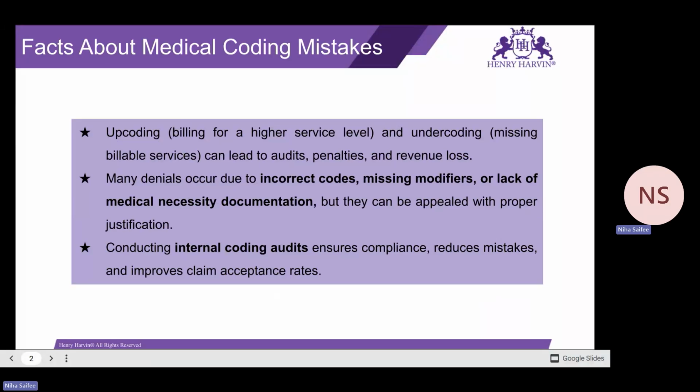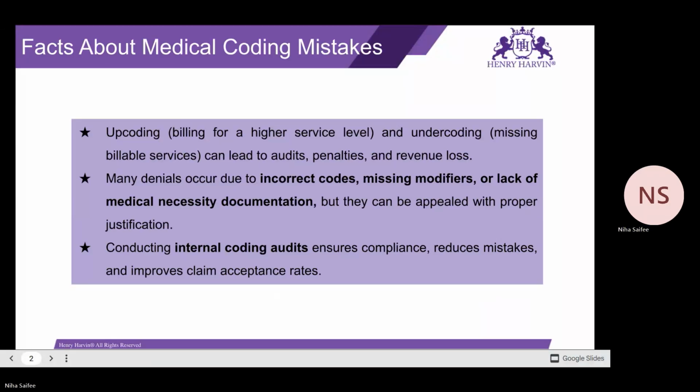And if repeated denials are there, the time taken for the revenue to reach the provider or healthcare professional is delayed. Like if today I have seen the patient, I'm supposed to get the payment within 10 to 15 days, but because of the denials, now I will get my payment after 20 to 30 days.